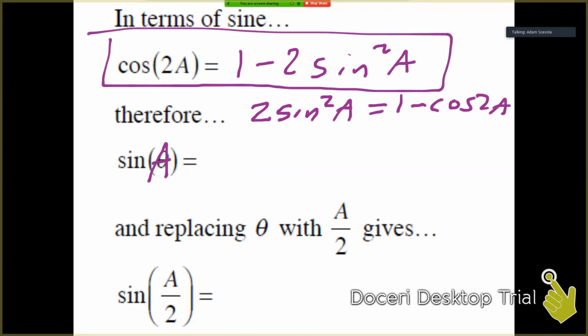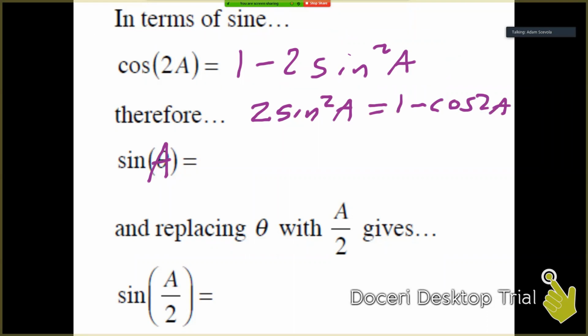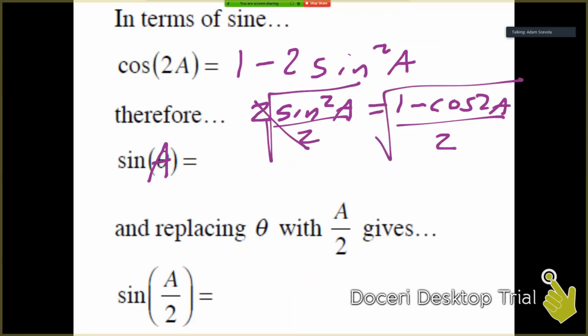Then I'm going to divide by 2. So I get the sine squared of a is equal to 1 minus cosine of 2a, over 2, which means if I take the square root, I get the sine of a.